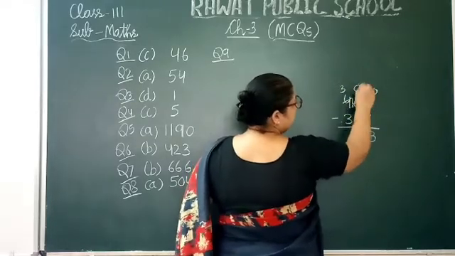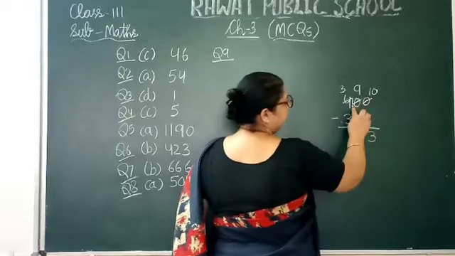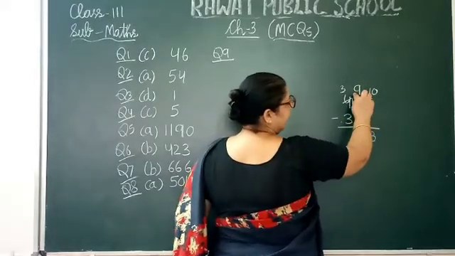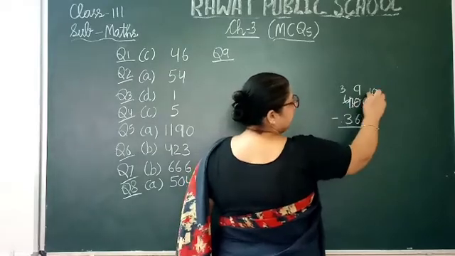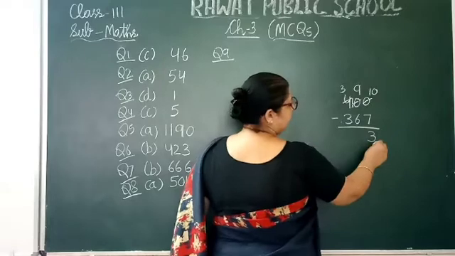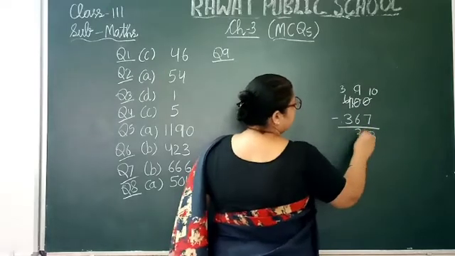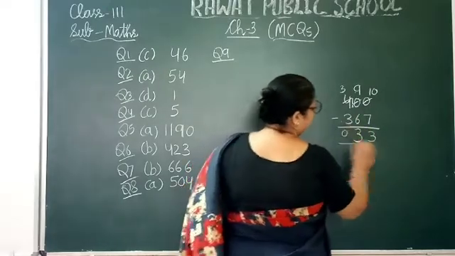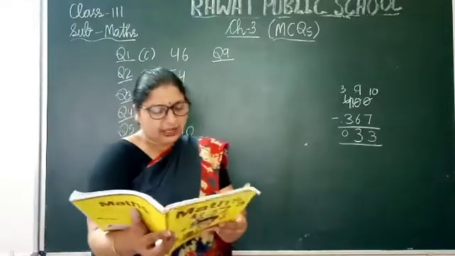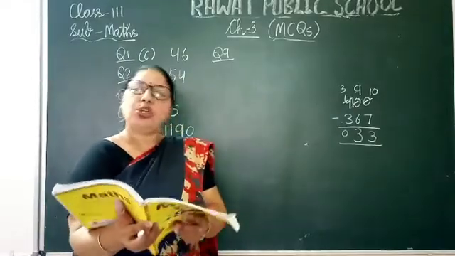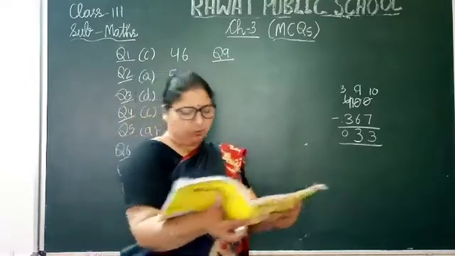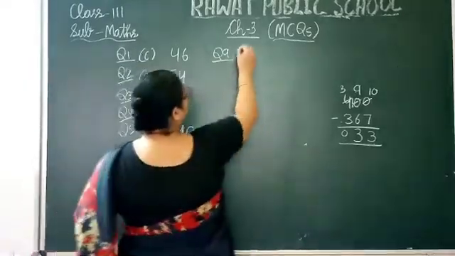So 10 is 9. In the place of 10 it is 9. तभी तो इसको हमने 10 किया था. 10 minus 1 is 9 and this borrow is here. 10 minus 7 is 3. 9 minus 6 is 3 and 3 minus 3 is 0. Answer is 33. So what number should be added? 33 should be added to 367 to get 400. So option number D, 33.